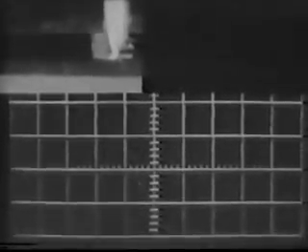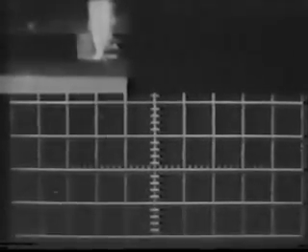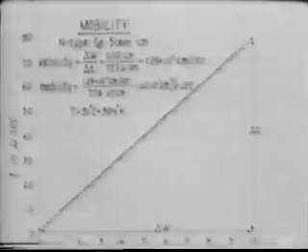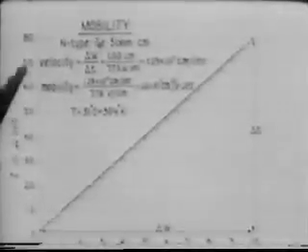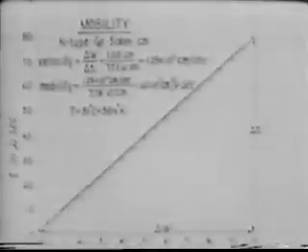To measure the drift velocity, we moved the detector by equal increments of distance and took still pictures of the pulses. Here we have plotted delay time as a function of the distance from the source to the detector.